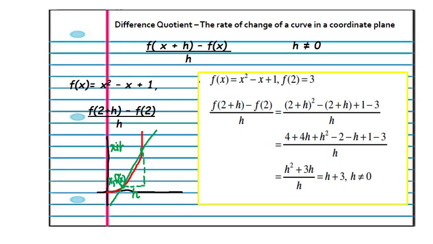is now going to give us an x plus the h and the f of x plus the h.